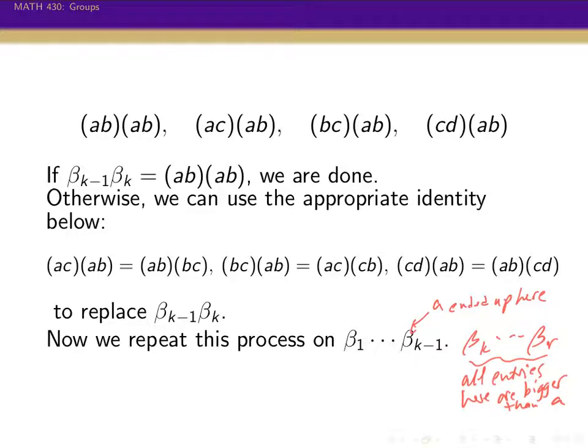So what's happening in this process is that we're taking some small numbered entry on the right and moving it to the left. And we're guaranteeing that up until the spot that we've moved it to, nothing to the right of it is smaller than it. So if you're reading from the right, A is going to be the smallest one that you've read so far.